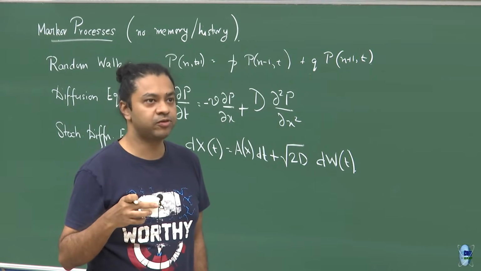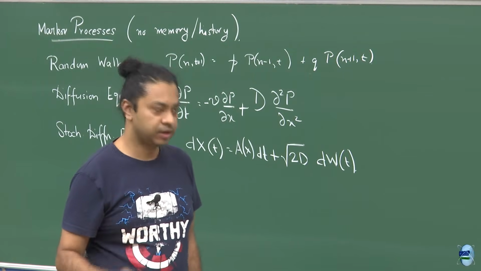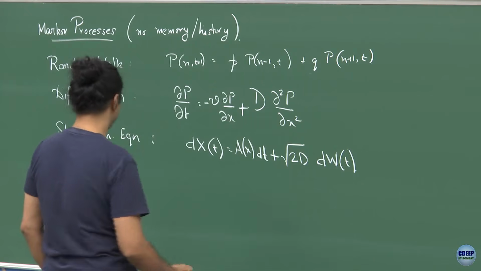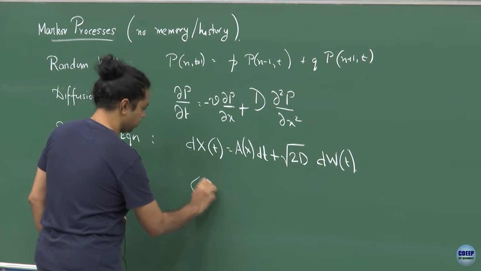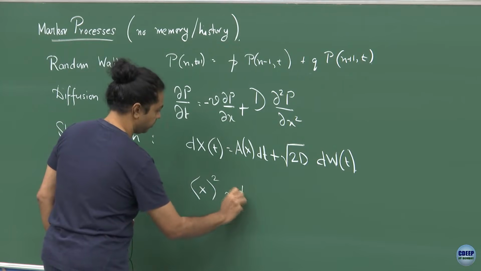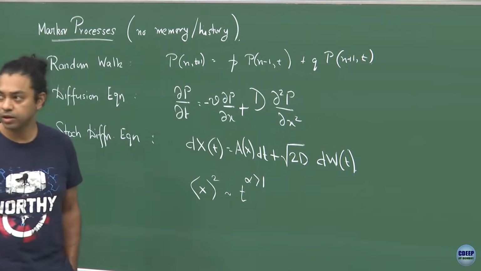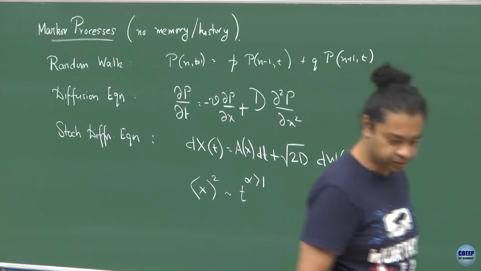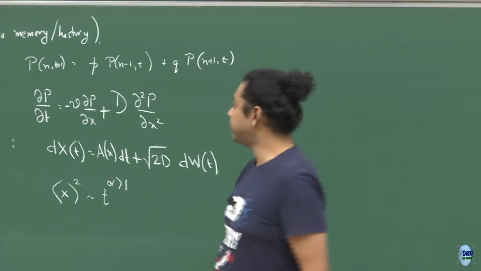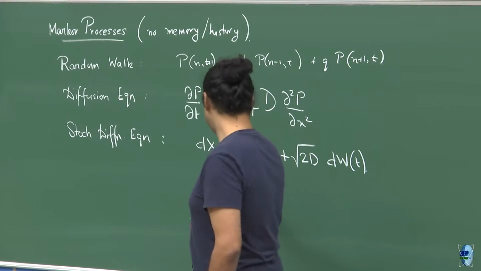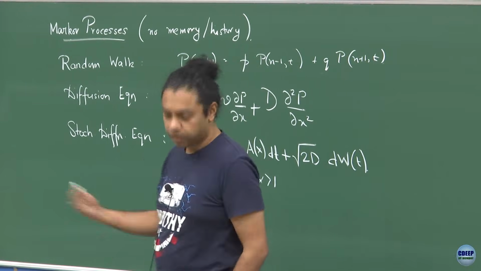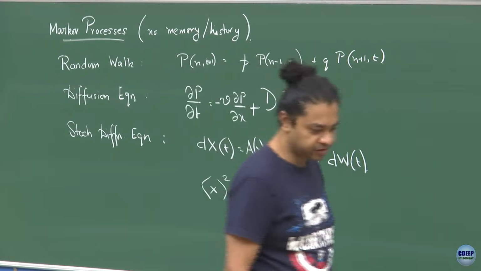Hopefully you would have got something which is t to the power of alpha, where alpha is greater than 1. At least I think the values I chose were for super diffusive walks. So, when you incorporate memory, you no longer are guaranteed to get diffusive walks. You can have different sorts of super diffusive or sub diffusive walks.